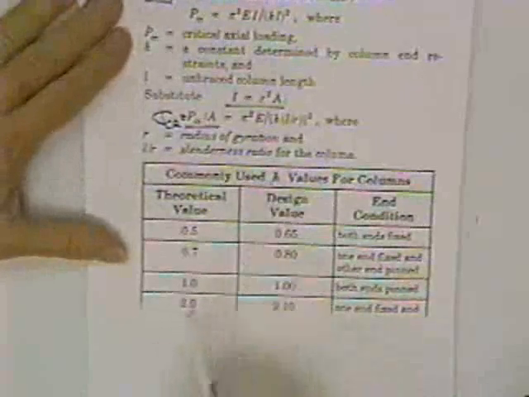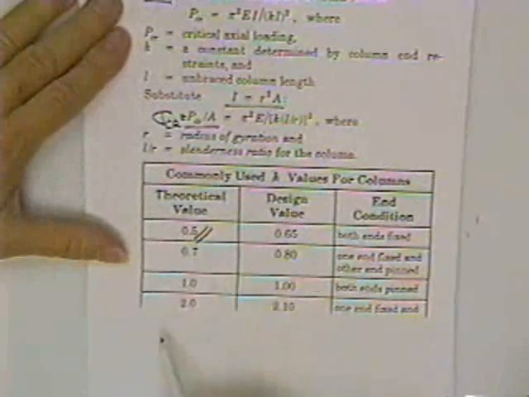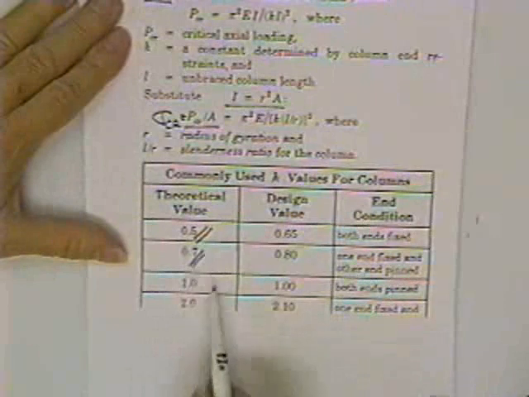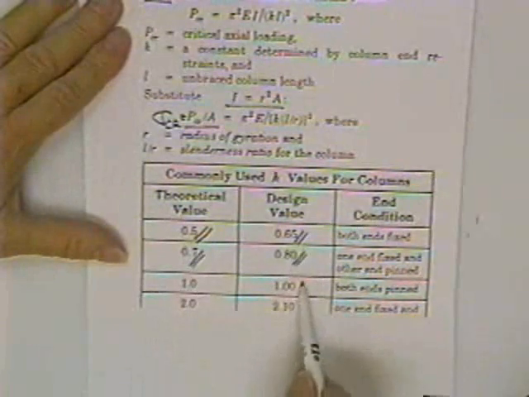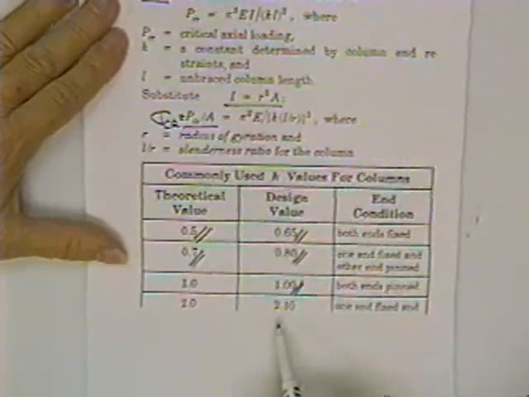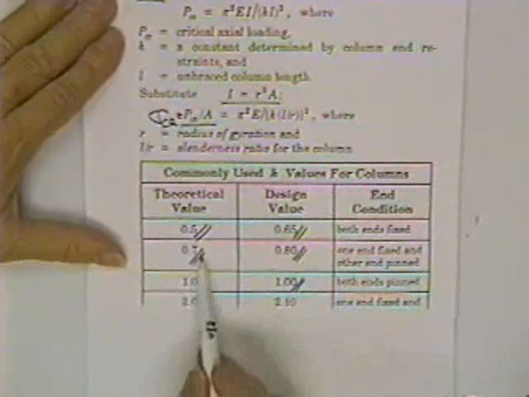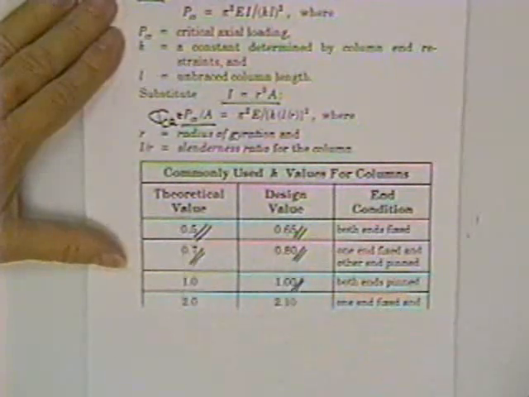Alright, here are some typical K values. If you like a theory column, then use these numbers here. If you like a real column in the real world for design purposes, use these numbers here. So he'll tell you which he wants. Do you want a theoretical number, or do you want a real building number?